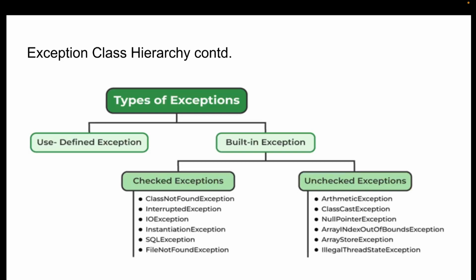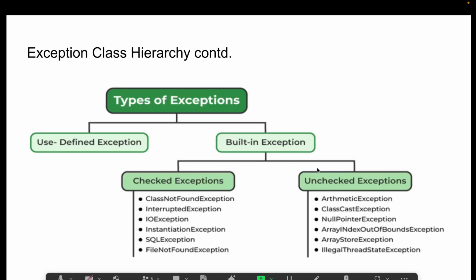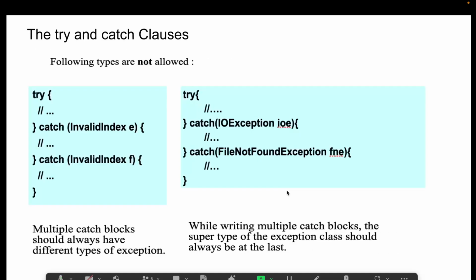Suppose you are trying to get it through some getters. We had seen some getters and setters in the last class, right? So you are trying to get the value of id and name from the student object, but student object was null. If you try to get any attribute from an object and that object is already null, then you will get null pointer exception. So that is another scenario.